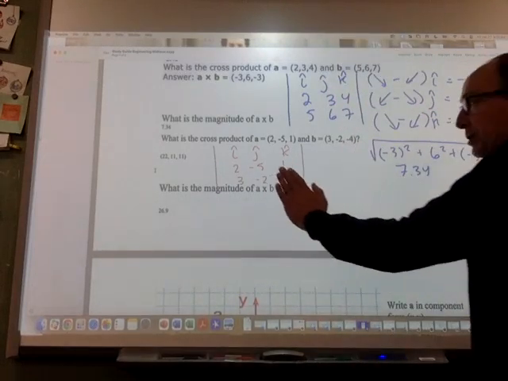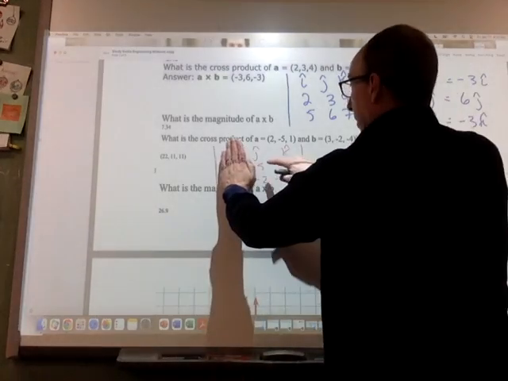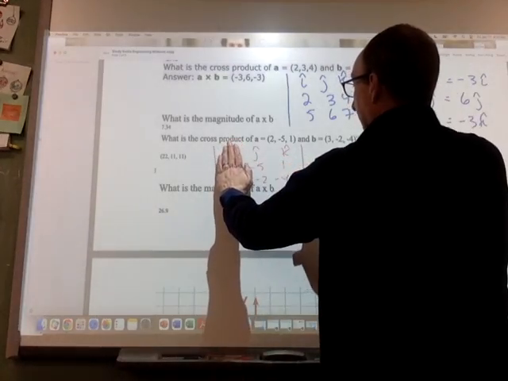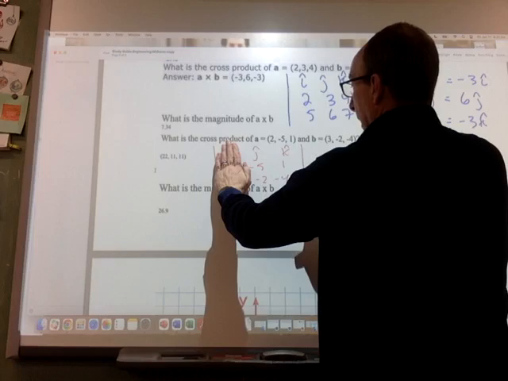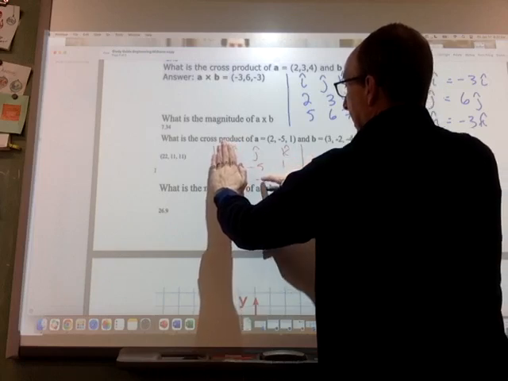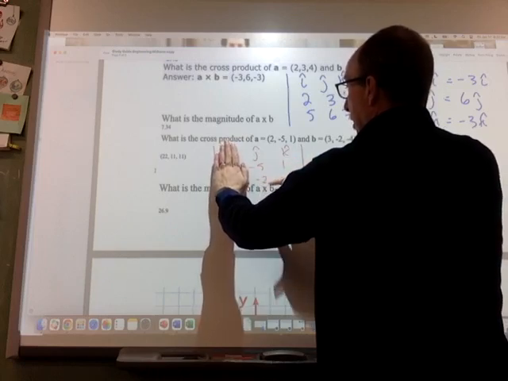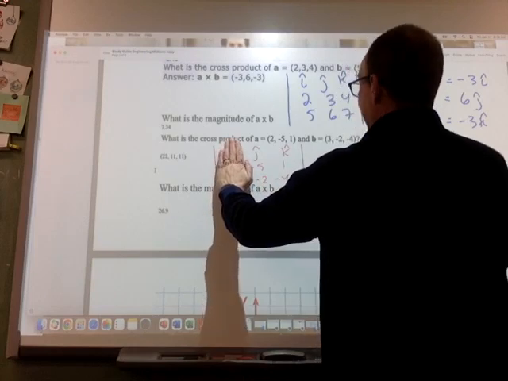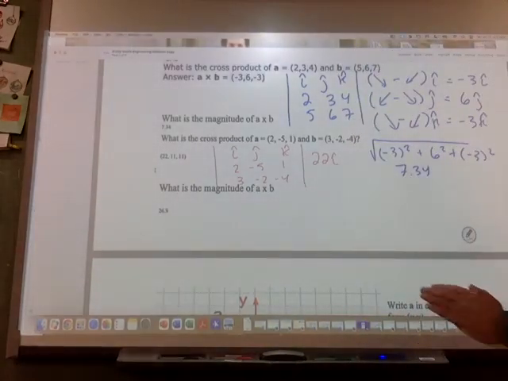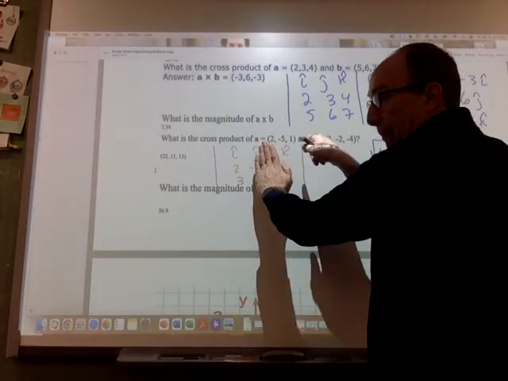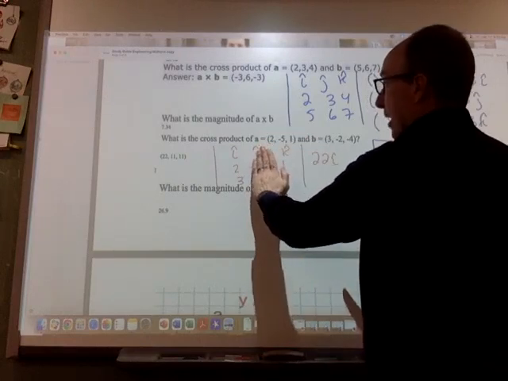And then again, I'm going to cover this up, and I'm going to take -5 times -4, which is 20, minus 1 times -2, which is -2. So 20 minus -2 is 22. Again, my j hat is going to go in the opposite direction because of our right-hand rules.